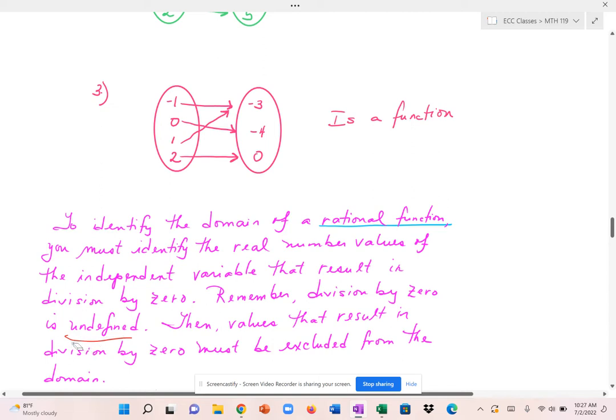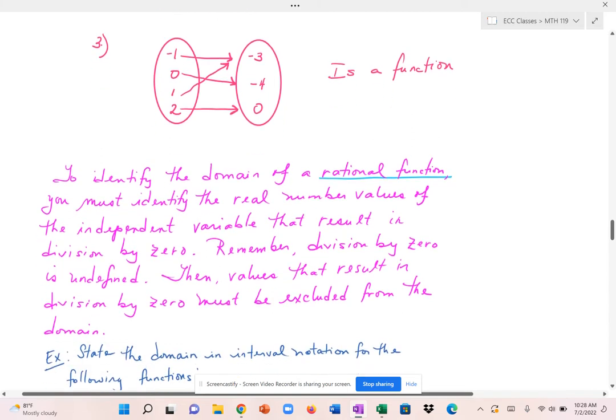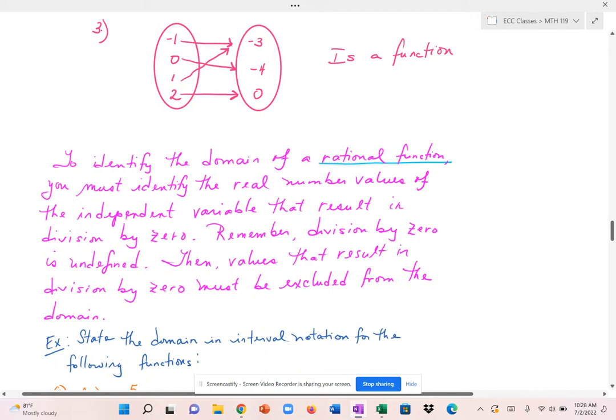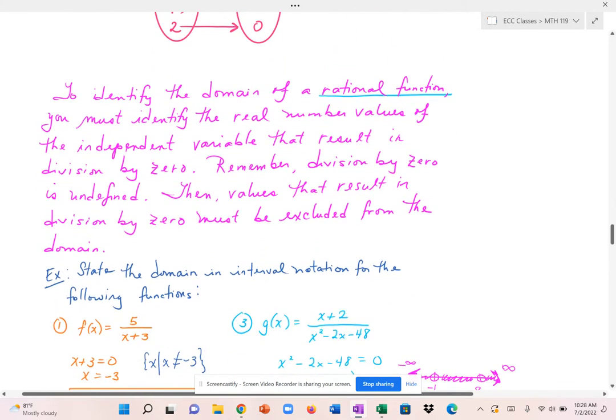It can't be an input value that you plug in. State the domain in interval notation for the following functions. This is the same notation that was discussed in a previous lesson for inequalities. We're going to be using that again. So we have f of x is equal to 5 over x plus 3.